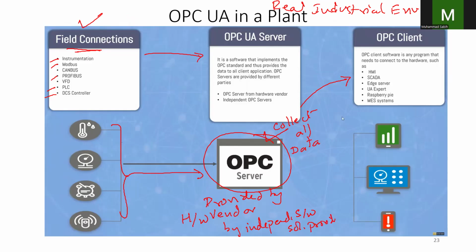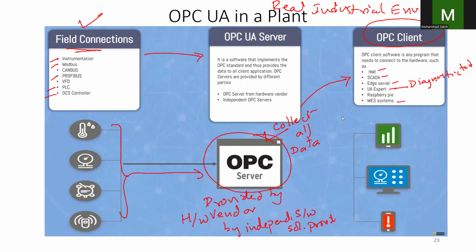On the right side, we have the OPC clients, and these may include the HMI, the SCADA, the edge server, diagnostic tools like UA Expert, and even the enterprise systems, ERP and MES systems.